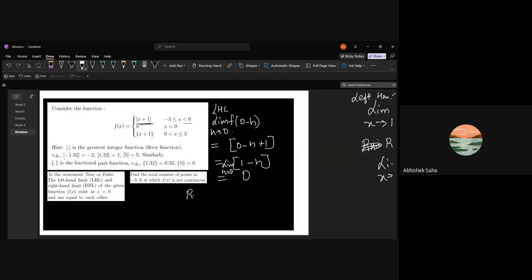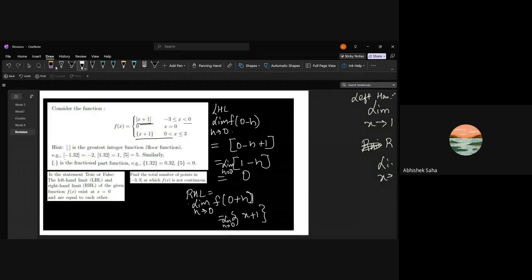What is RHL, the right hand limit? Right hand limit is limit h tends to 0 f of 0 plus h. So the right hand limit will use the fractional part, because this function is defined when x is greater than 0. We are adding something close to 0.